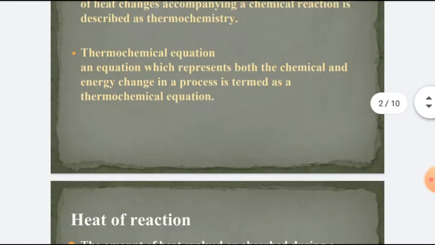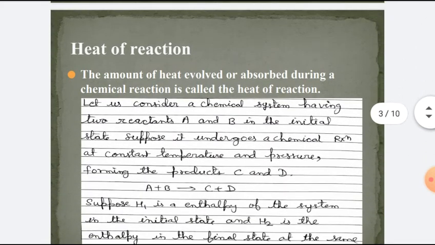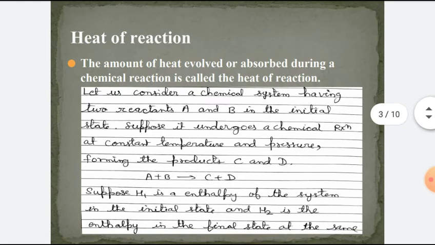After that, what is heat of reaction? If a chemical reaction is accompanied by evolution of heat, it is said to be exothermic, and if it is accompanied by absorption of heat, it is said to be endothermic.